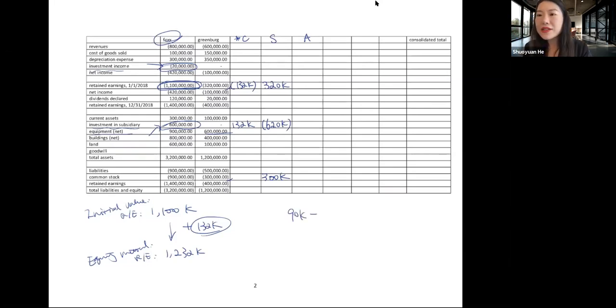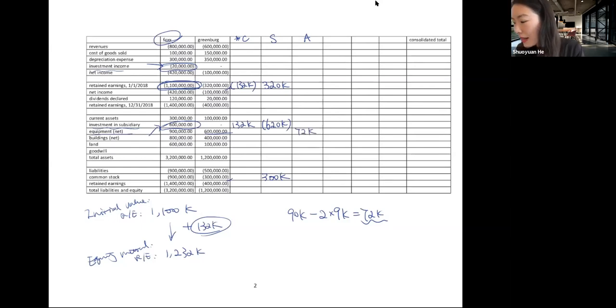And then this difference has been amortized for 2 years, year 2016 and year 2017. So we need to take out 2 years amortization here. The difference we still have at the beginning of 2018 is only 72,000. So we mark up equipment for 72,000.